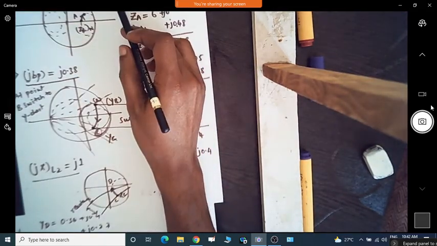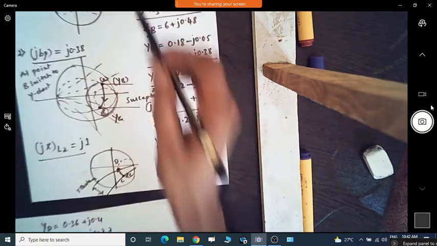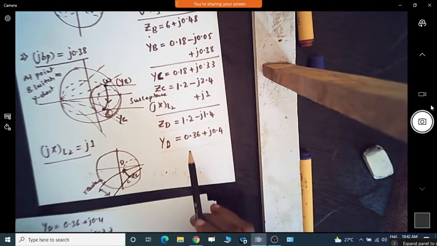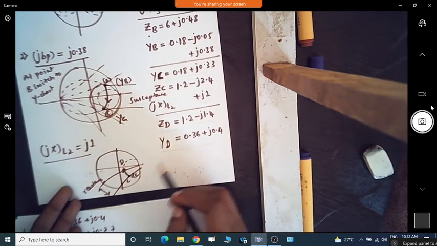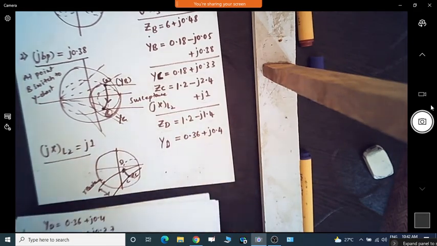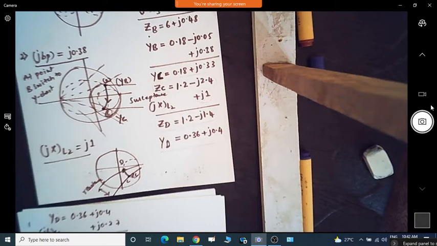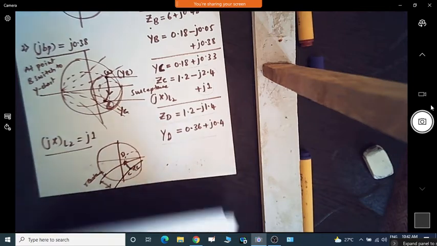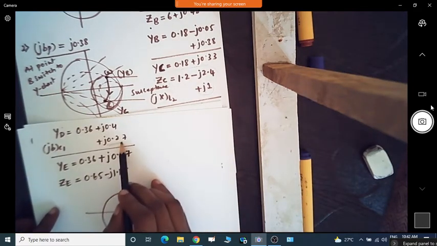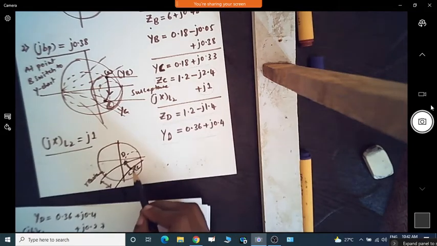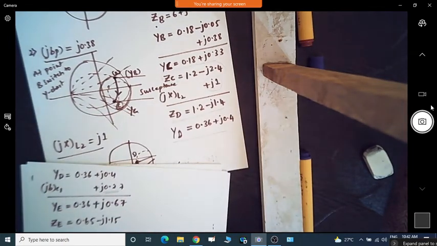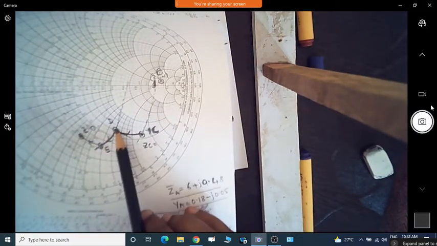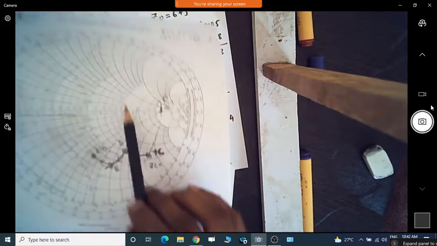Since the capacitor C1 is a susceptance value, we need to find the admittance at point D. Now since we are adding the susceptance of the shunt capacitor C1, we are moving downwards from point D to point E, on the conductance circle.